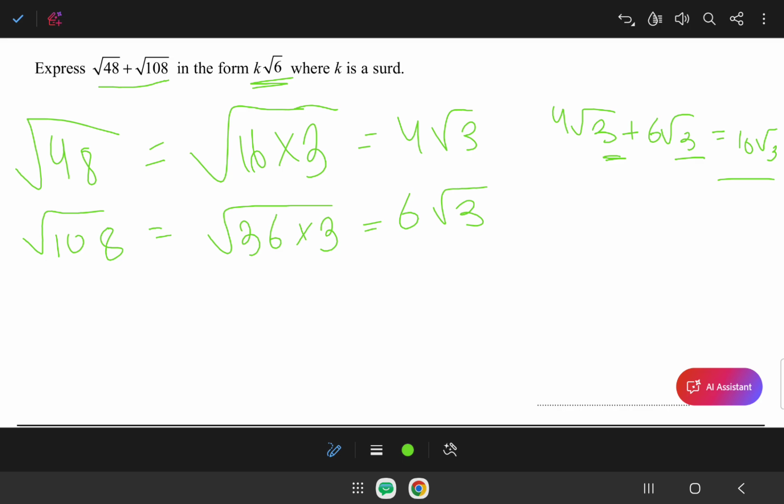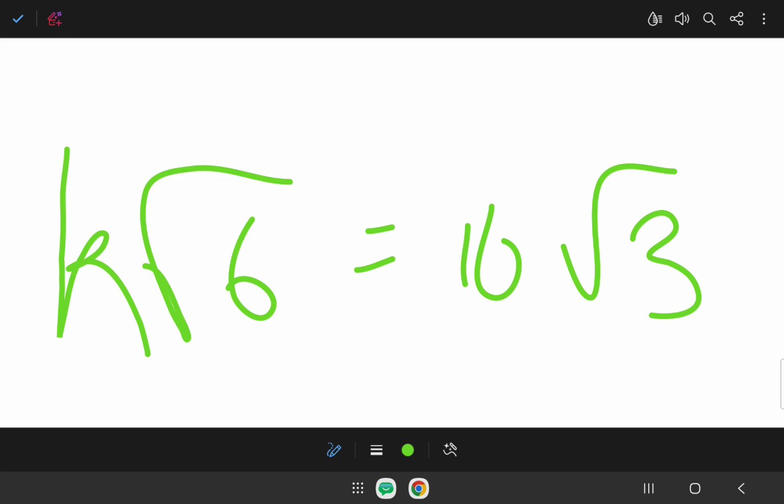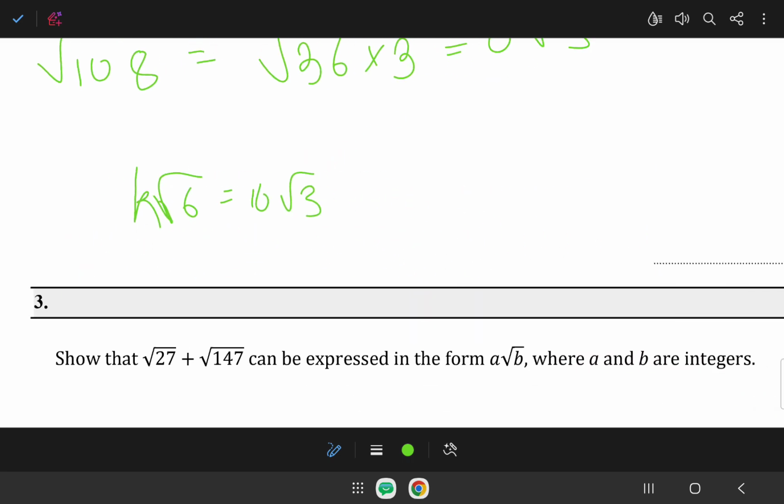We have to make k root 6 equal to 10 root 3. Now k is the variable here. We move root 6 to the other side, so k equals 10 root 3 over root 6.